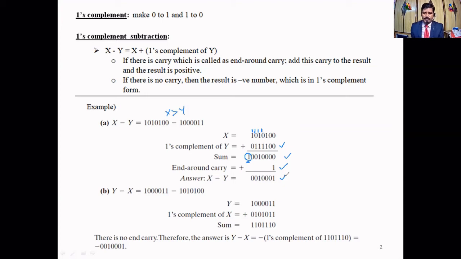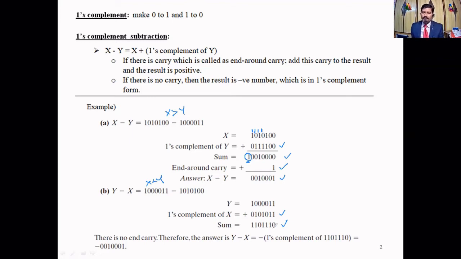Suppose y minus x, a small number minus a large number. In this case, take the ones complement of the subtrahend, add it, and the sum is this one. There is no carry here, so the answer is a negative number, available in ones complement form.